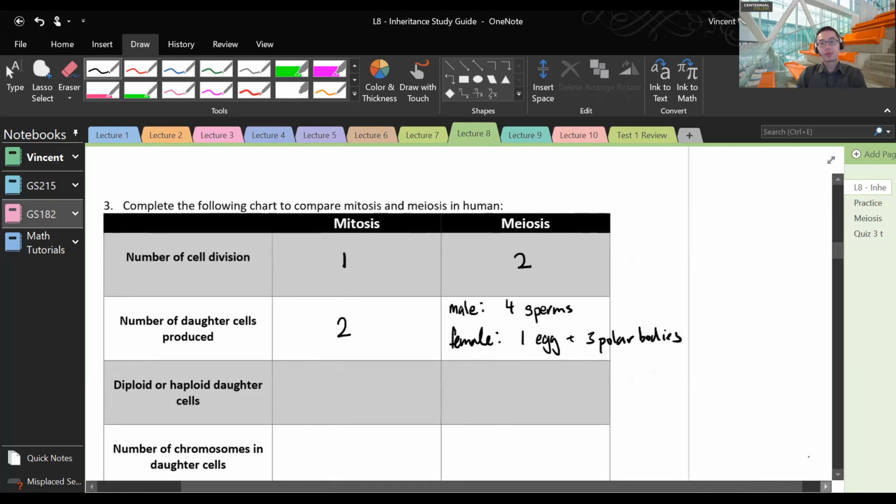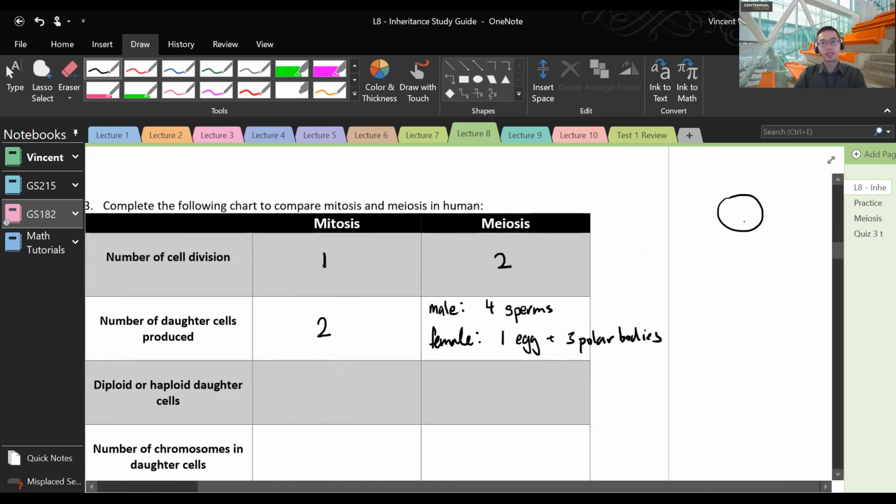Okay, so just to refresh your memory, we have the germ cell. And then what happens is the first division, you would have uneven division of the cytoplasm. So 1 cell would get more cytoplasm than the other. Okay, and then same thing for the second division. Uneven cytoplasmic division.